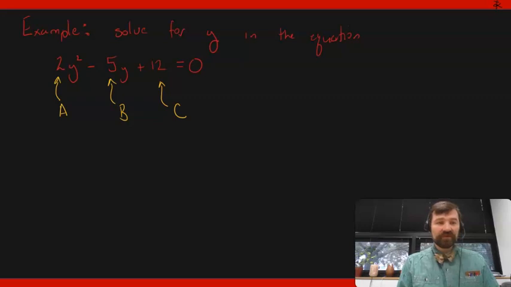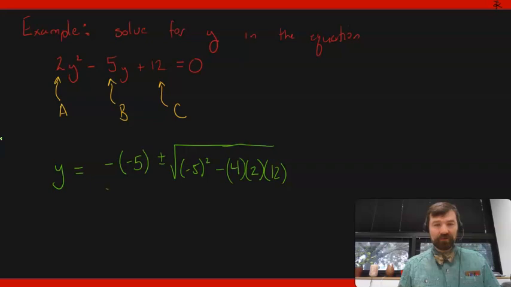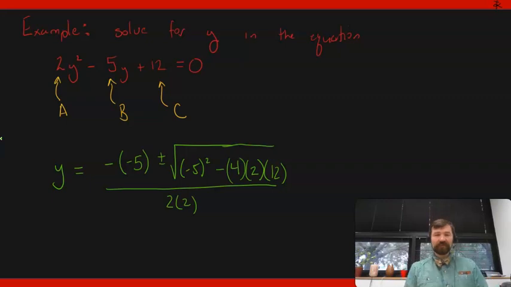So what we expect our answer to look like is y is equal to negative of negative 5, plus or minus the square root of negative 5 squared minus 4 times 2 times 12, all divided by 2 times 2. Okay, so this is negative b plus or minus the square root of b squared minus 4ac, over 2a.